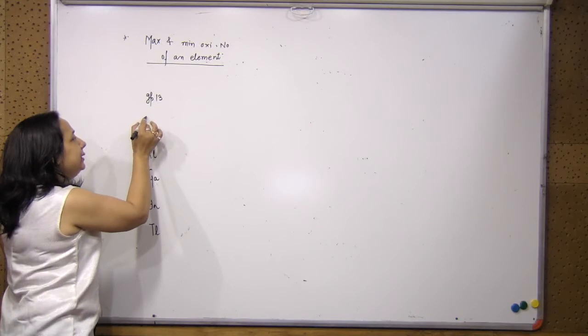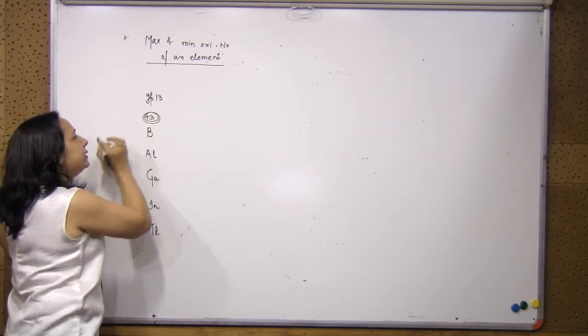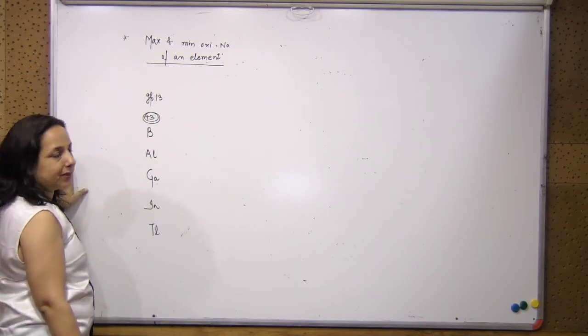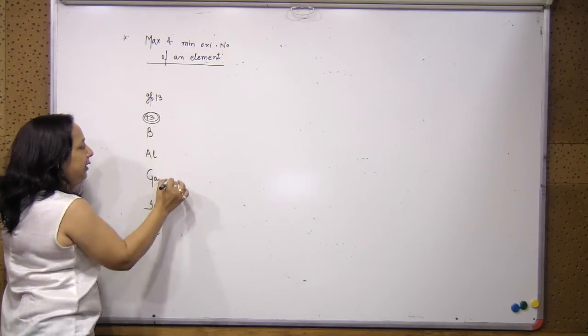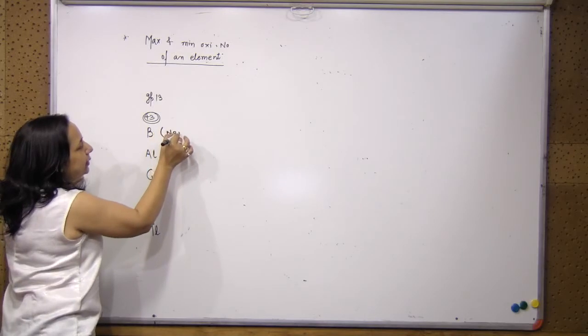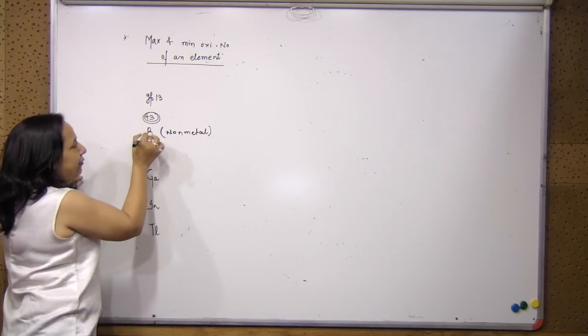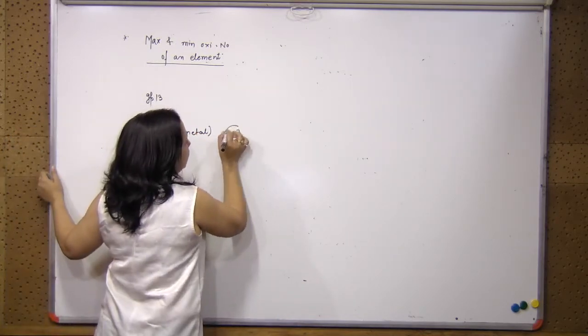Boron family can show a maximum oxidation state of +3. Out of these, boron is a non-metal. When bonded to metals, it may be -3.